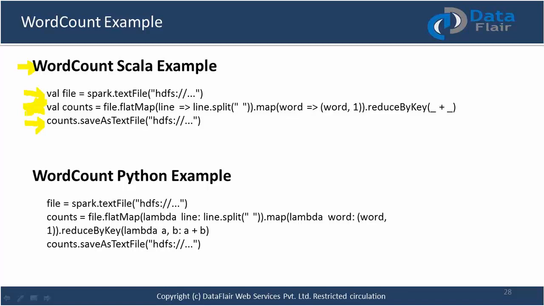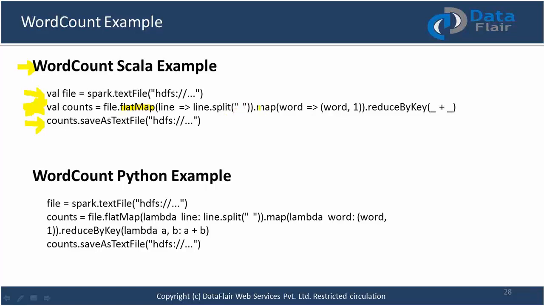For your complete MapReduce on a cluster at massive scale, what I'm doing is file.flatMap, that is a transformation. Then we are splitting the line with the space.